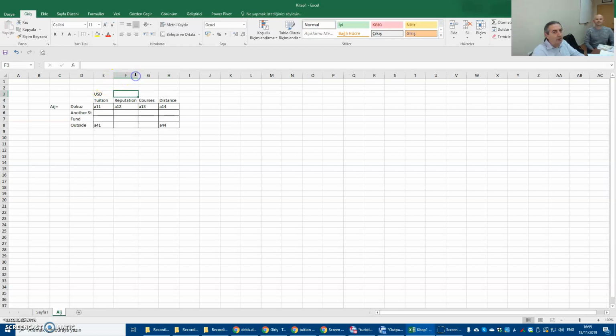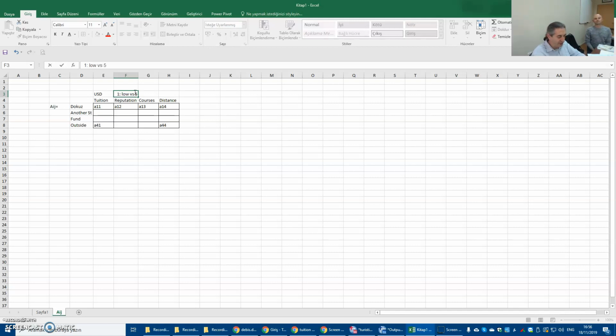So reputation, how to measure the reputation? It's a latent construct. We can put a rank here maybe, from 1 to 5. 1 is, excuse me, 1 for low reputation, okay?